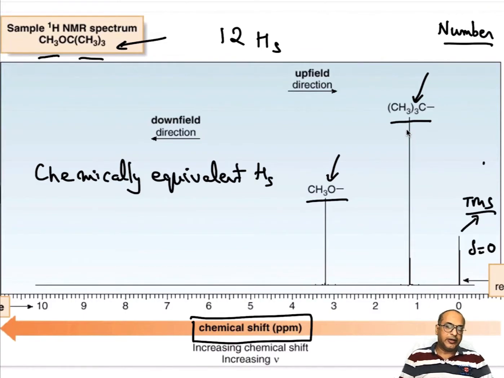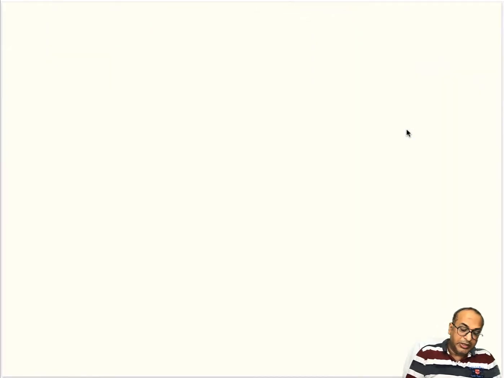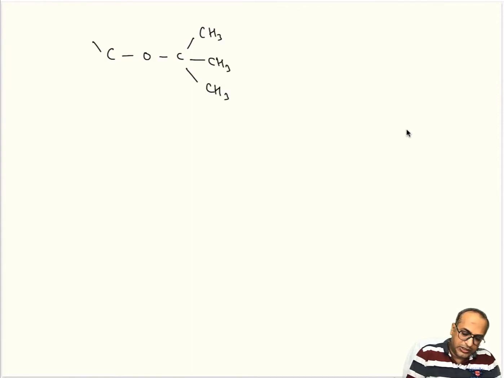So how do we know that these are chemically equivalent? This can be identified easily by understanding that they are symmetrically placed. When I say symmetrically placed, let me draw out the molecule. Let's say I draw this molecule like this, and I replace each of these hydrogens in this methyl group by deuterium.